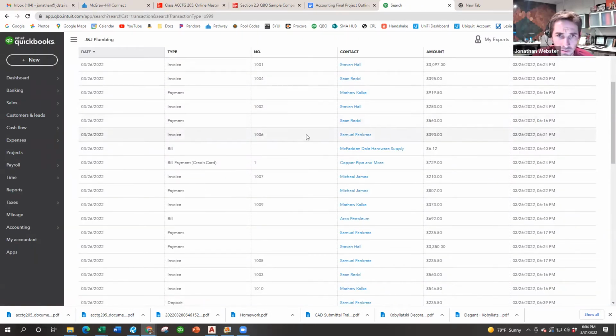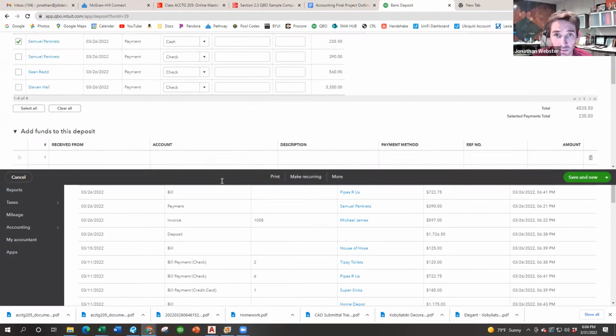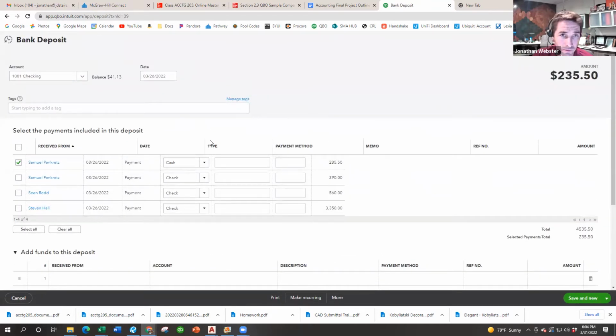And then we could go to deposit. So we did a payment, an invoice, and now let's look at the deposit. So this was a deposit made on 3/26. The deposit was just $235?